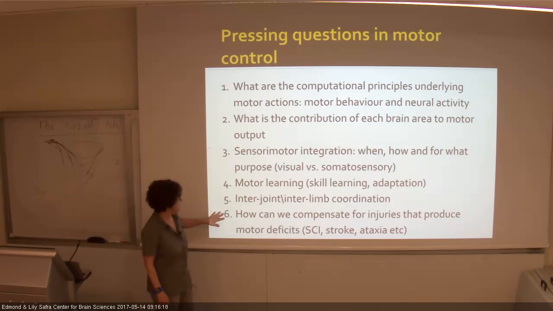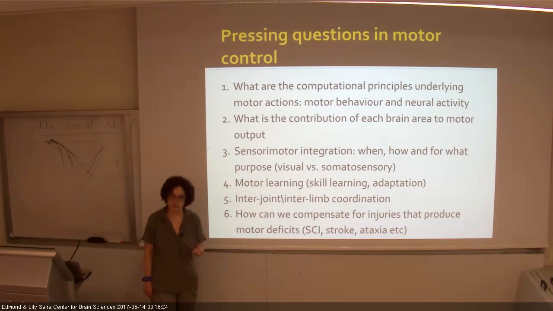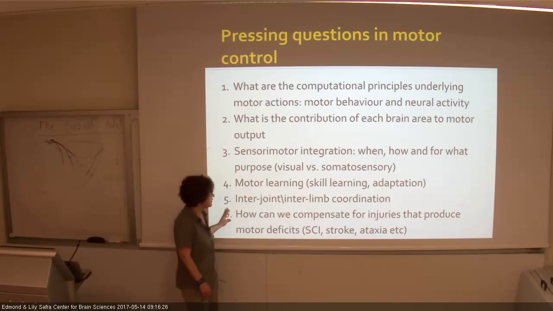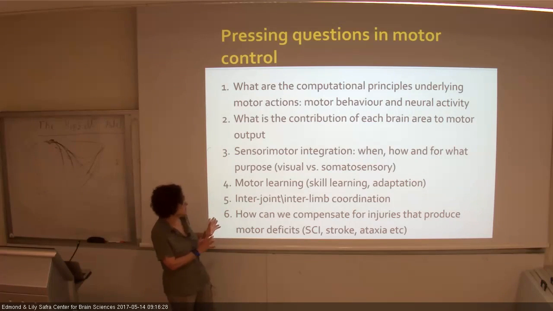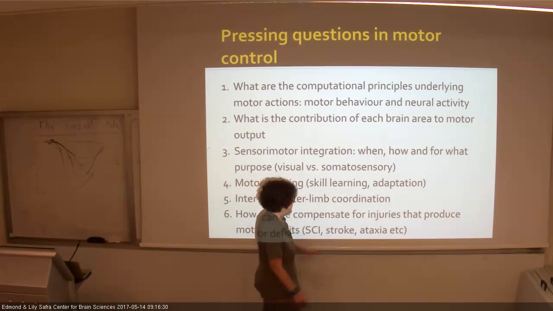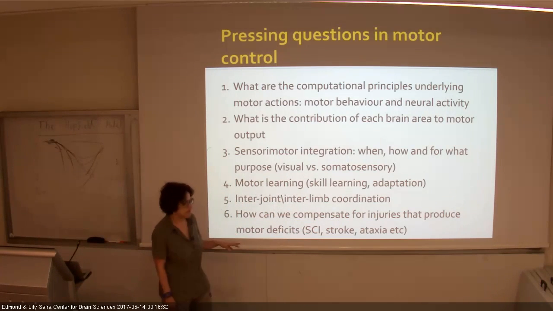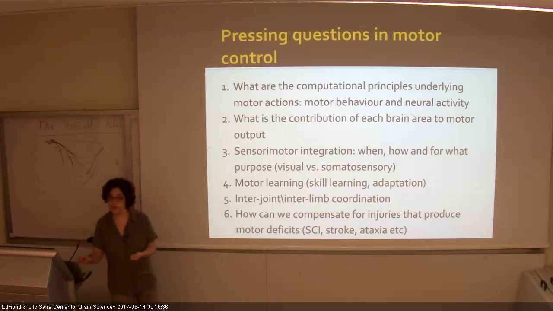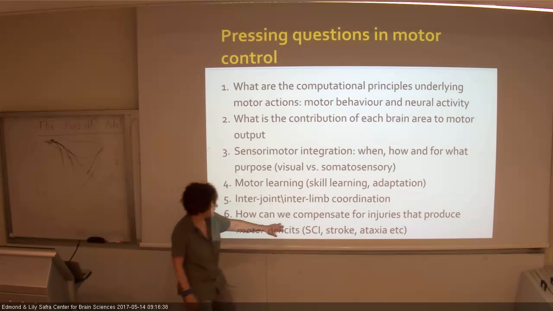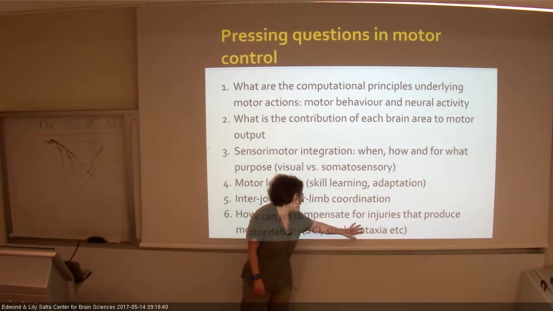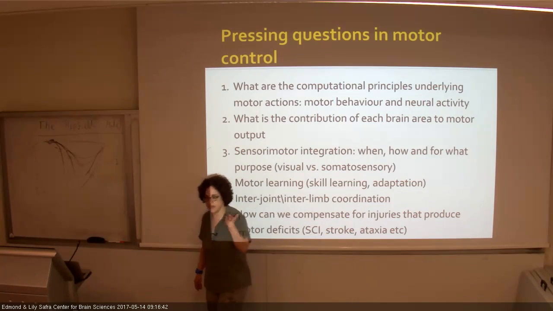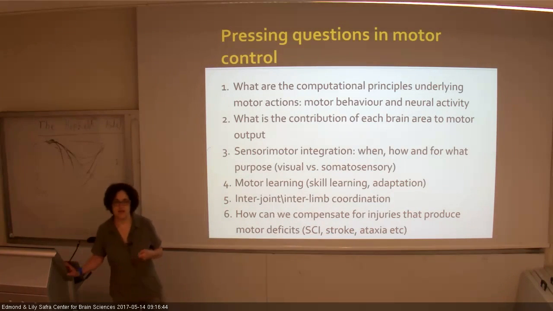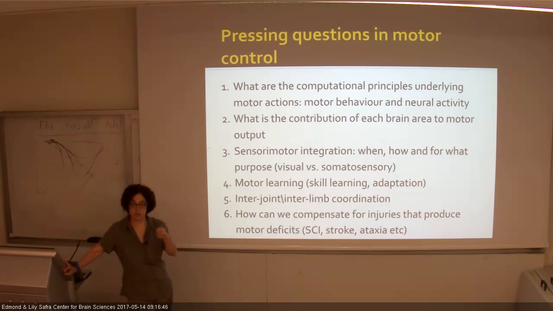And the last, and maybe one of the more important, especially recently, questions that we would like to address in motor control is the question of how can we compensate for injuries that produce motor deficit. In many cases, there are injuries that cause a spinal cord injury, stroke, ataxia. All these are injuries that produce motor impairments.